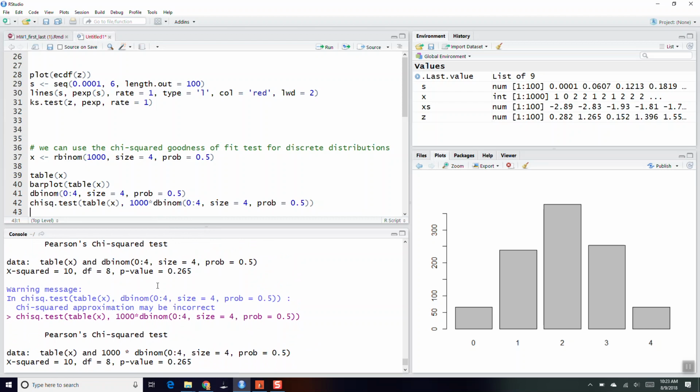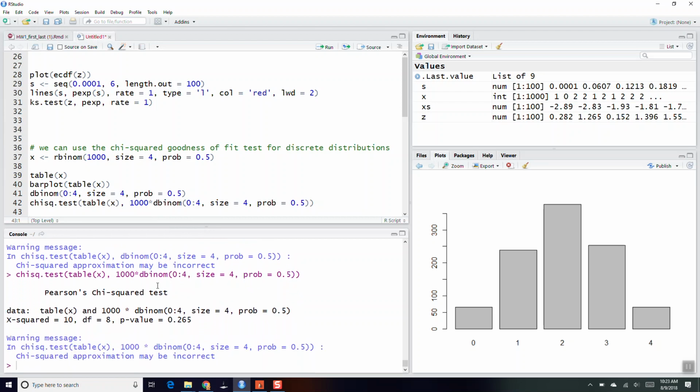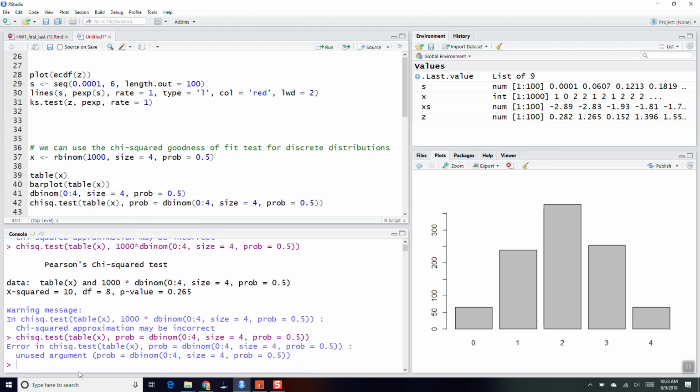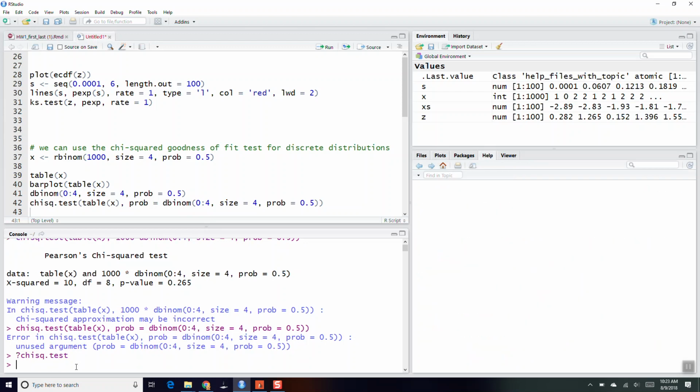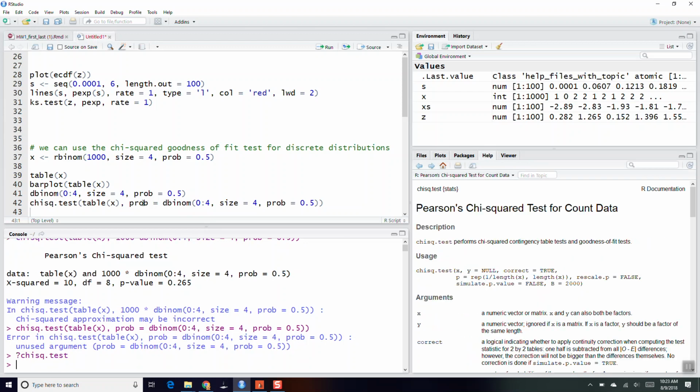Degrees of freedom is equal to 8. I should only have 3 degrees of freedom. Let me see. Oh, I'm sorry, I have to do probability equals this. It's been a while. Chi-squared test. Oh, p equals.